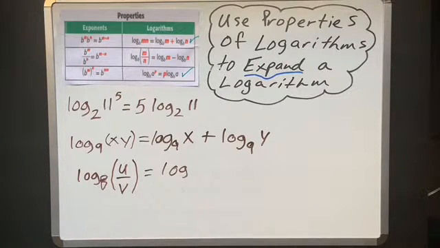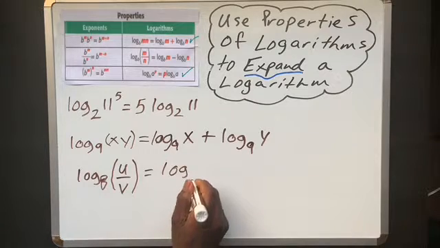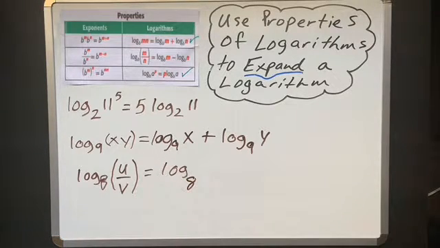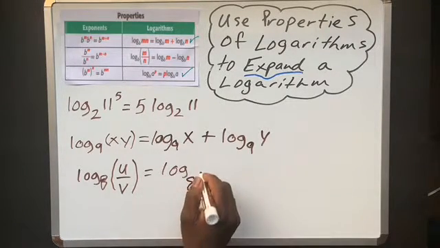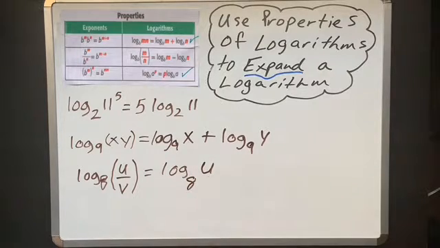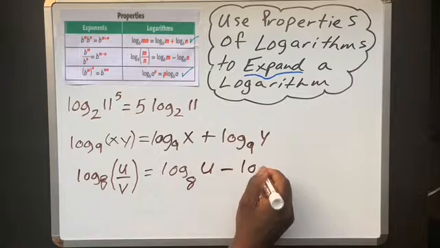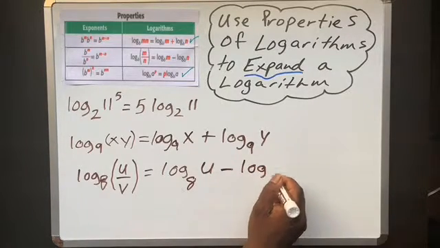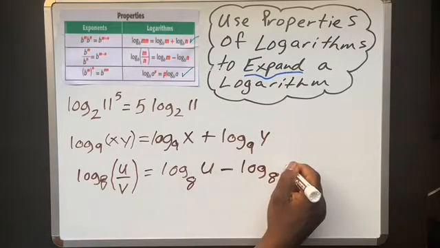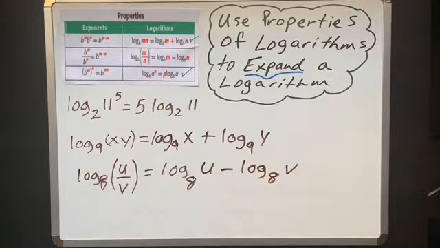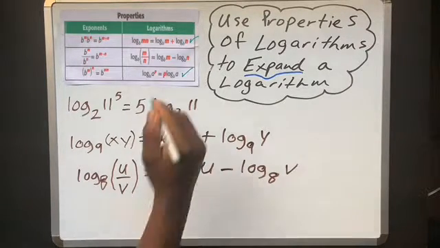So what that means is we're going to take log base 8 of u minus log base 8 of v. Okay? Nice.